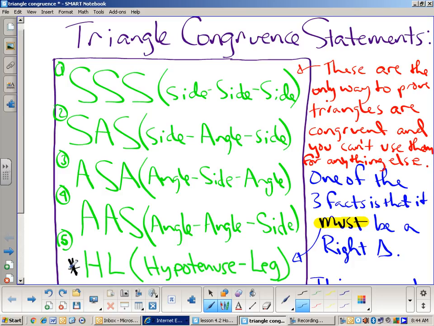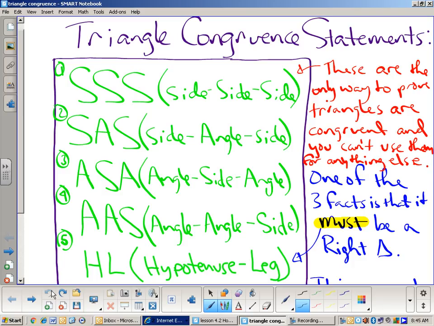Okay? So we have side, side, side; side, angle, side; angle, side, angle; angle, angle, side. And then off to the right side here, in red it says, these are the only way to prove triangles are congruent, and you can't use them for anything else.